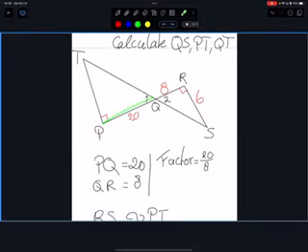You remember? 20 on the larger triangle represents 8 on the smaller triangle. So PQ represents QR on the other triangle.